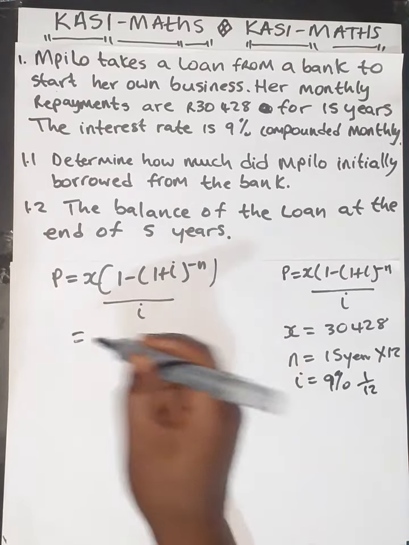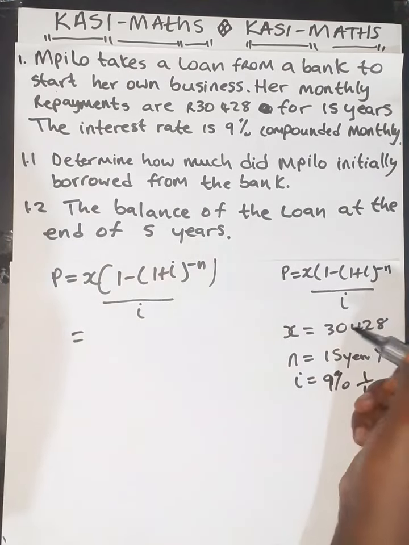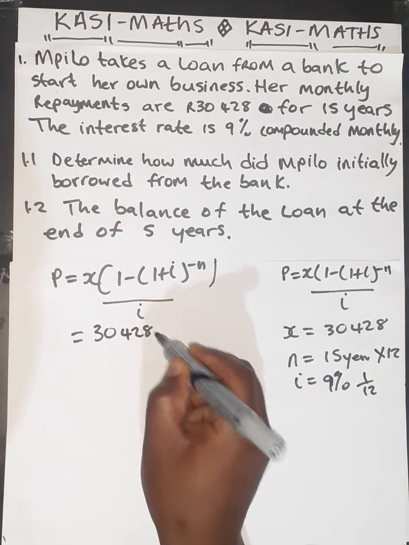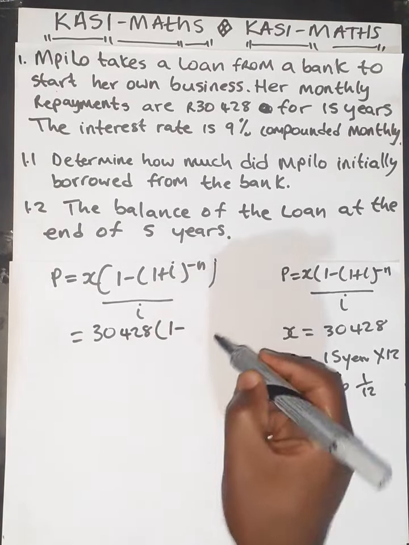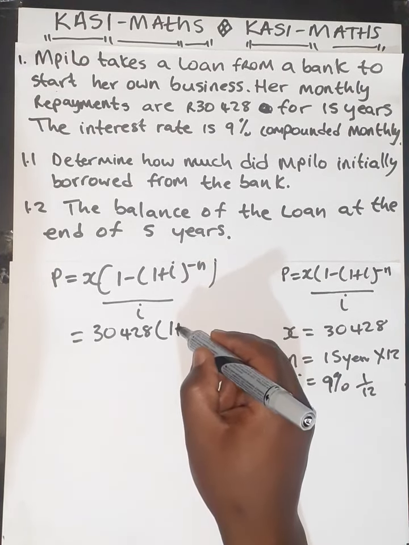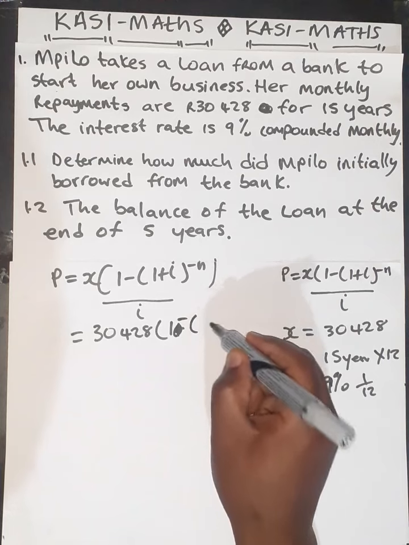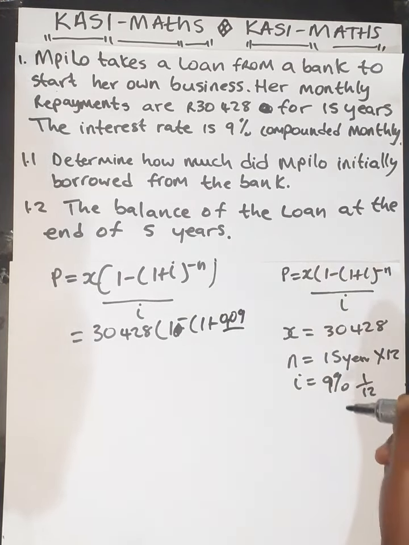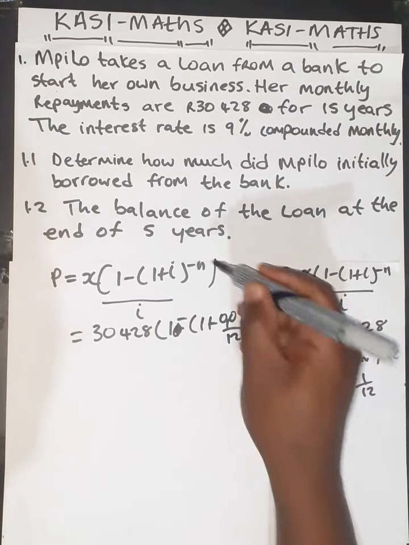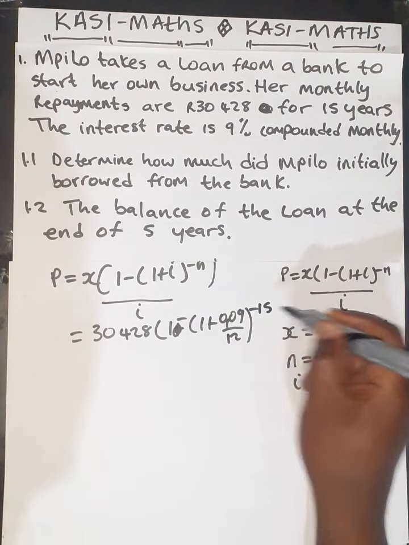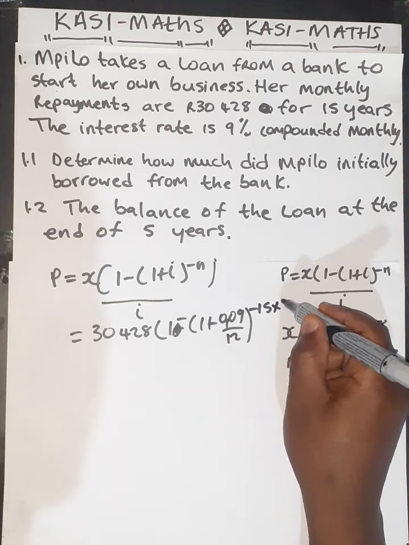So now we substitute: in place of X we put 30,428, then 1 minus, in brackets, 1 plus the interest rate 0.09 divided by 12 since it's compounded monthly, raised to negative n, which is 15 years, multiplied by 12 because it's compounded monthly.